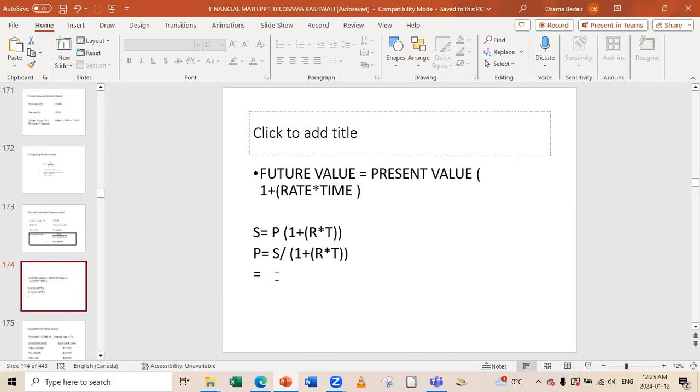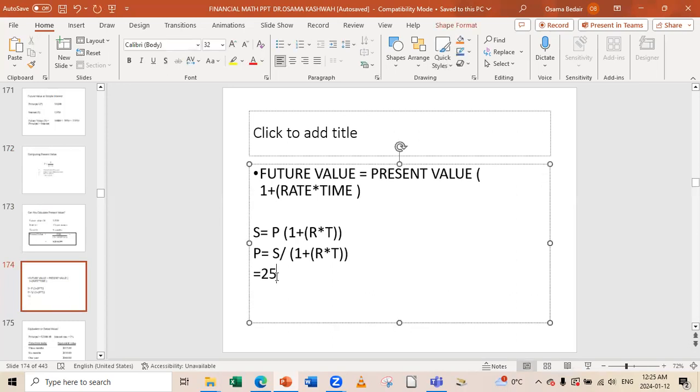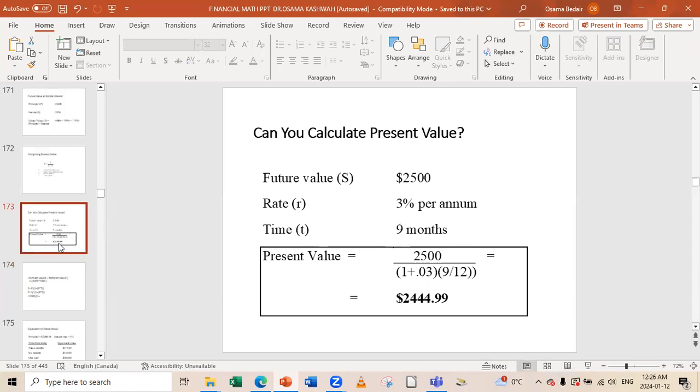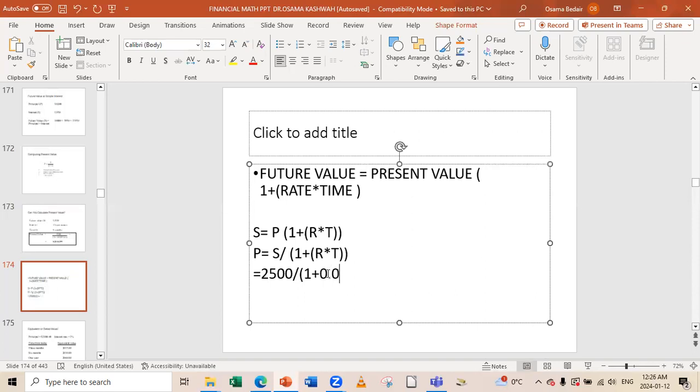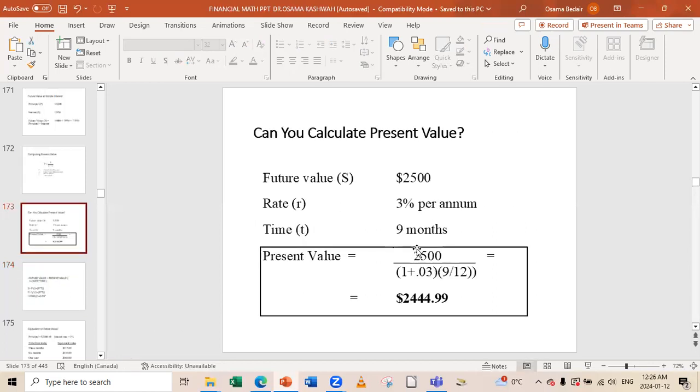So P will equal 2,500 divided by, open bracket, 1 plus the rate. The rate in this example is 3%, so 0.03, times the time. The time in this example is 9 months.